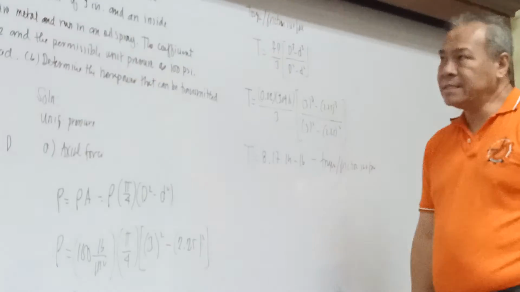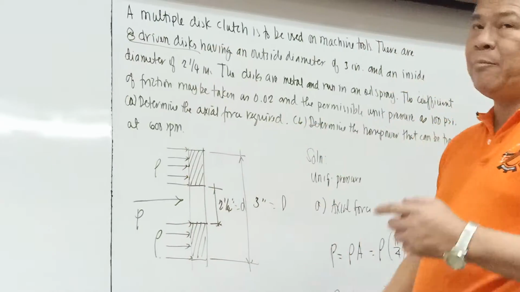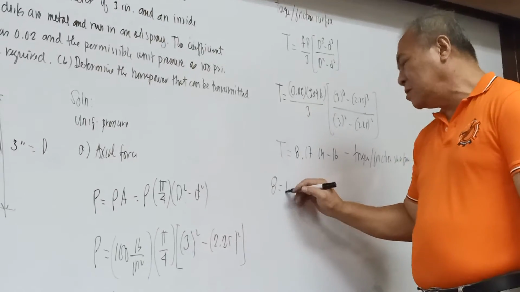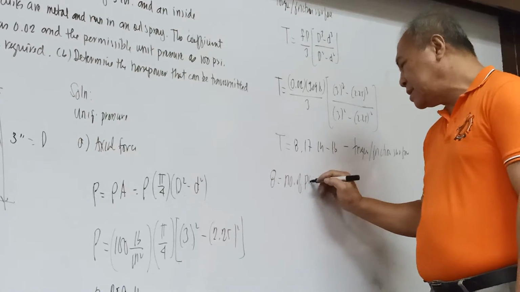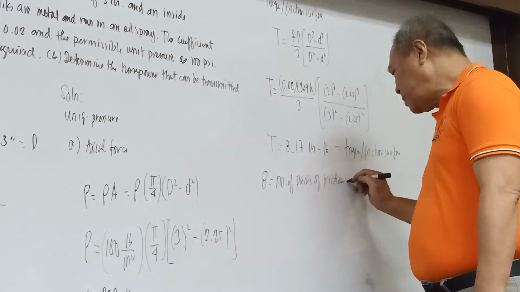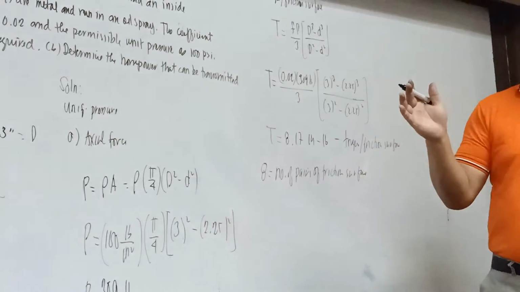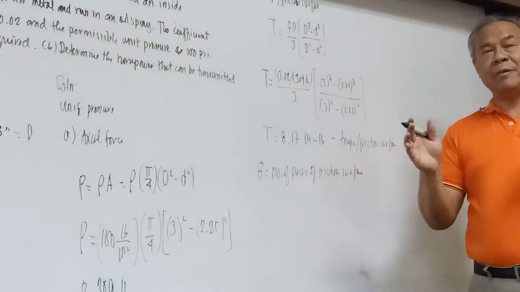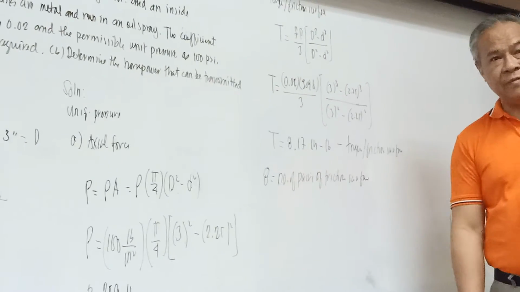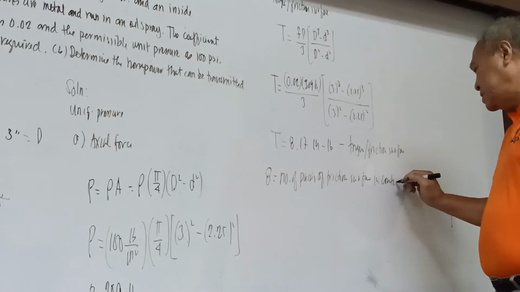But since sinabi sa atin, you have now 8 driven discs. Pag sinabi lang niya 8 driven discs, assume that 8 to be equivalent to the number of pairs of friction surfaces. Hindi naman binigay yung total, binigay lang sa atin 8. Ibig sabihin, assume na lang natin na yung 8 na yan is the number of pairs of friction surfaces in contact with each other.